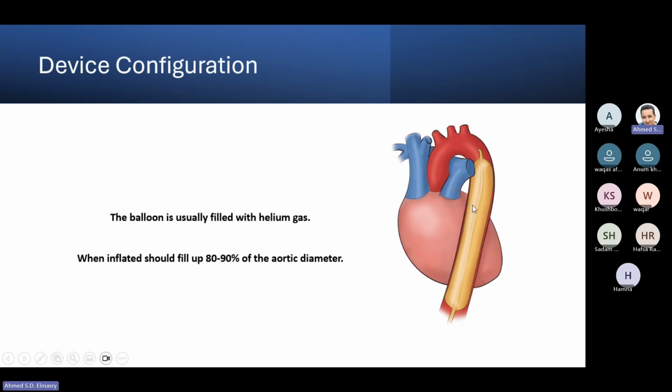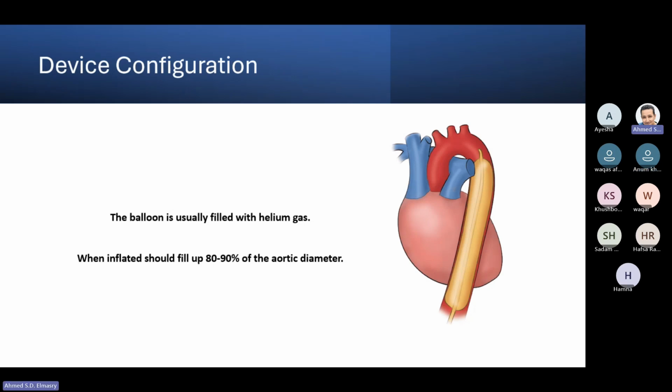So this will lead to reduced augmentation because, as we said, the intra-aortic balloon should occlude the lumen of the aorta 80 to 90%. But with vasoplegia, you will not be able to occlude the aorta 80 to 90%, so this will decrease the augmentation of the intra-aortic balloon. This is one reason.